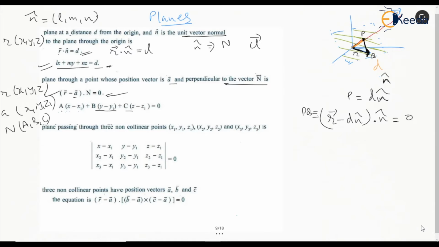And what if we want a plane through three non-collinear points, right? What we are going to do here is, it's very well written here. Let's see.